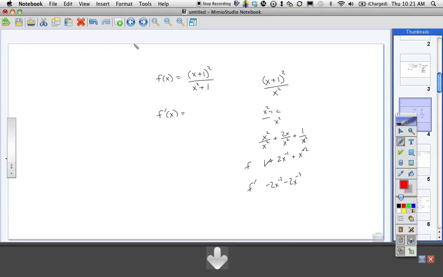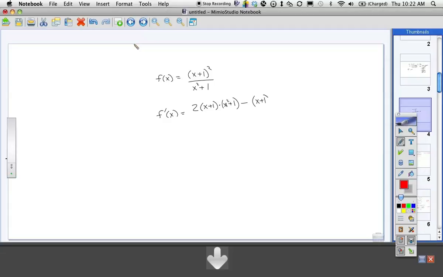Okay, so let's run through it. The derivative of the top, the u prime, the derivative of the top would be what? 2x plus 1 to the first, and there's nothing we have to kick out, times the bottom left alone, minus the top left alone, times the derivative of the bottom, which is 2x.